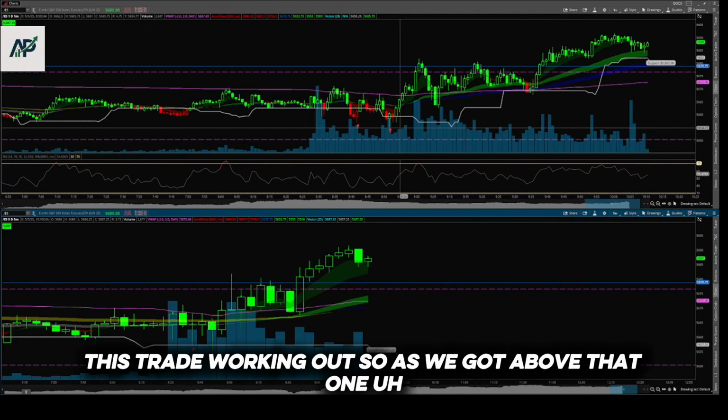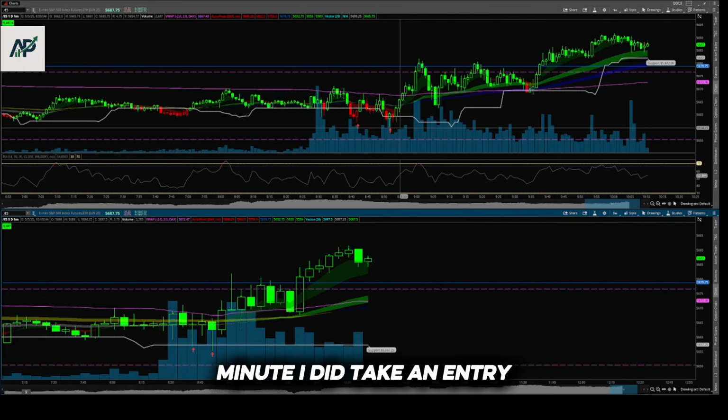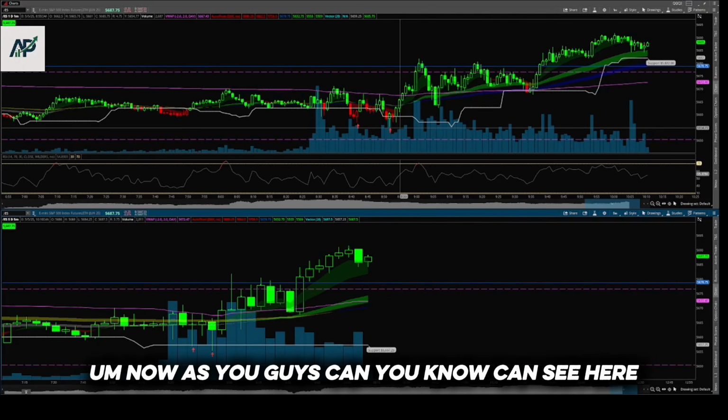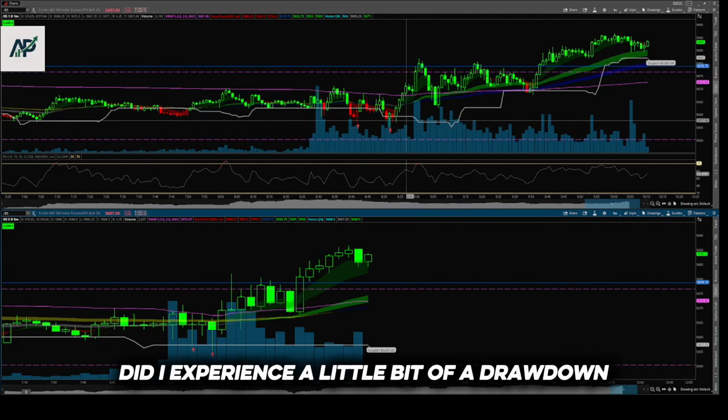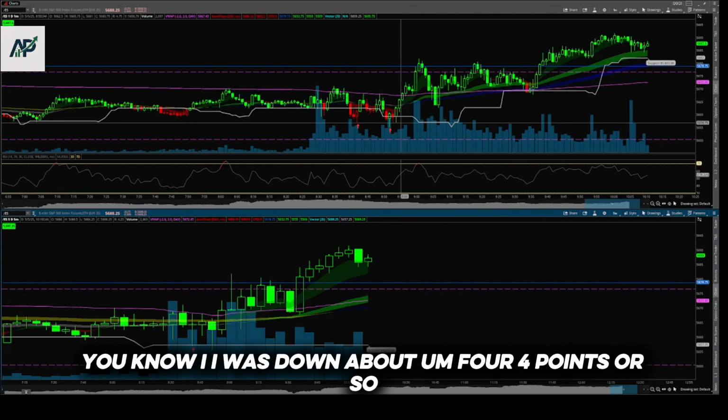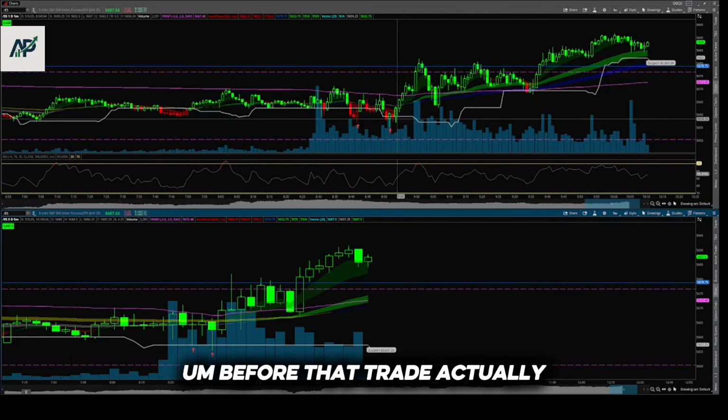So as we got above that 1 minute, I did take an entry. Now, as you guys can see here, did I experience a little bit of a drawdown? Yes. I was down about 4 points or so before that trade actually started moving in my direction.